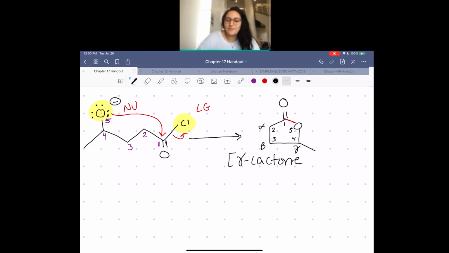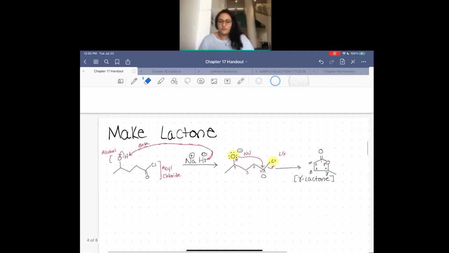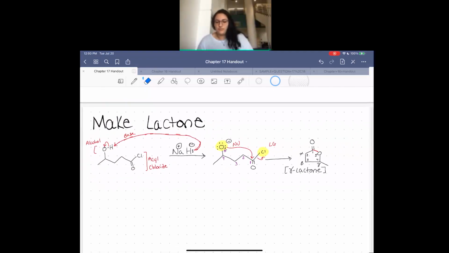That's why I said it's simpler than you're probably thinking, because you don't actually have to name the substituent. That's only for this class. He's not going to ask you specifically to name the IUPAC name for this lactone. As long as you know it's a gamma or an alpha or a delta or a beta, you're fine. But in the real world of chemistry, yes, this would be a 4-methyl gamma lactone.